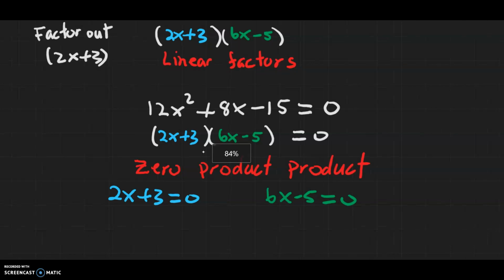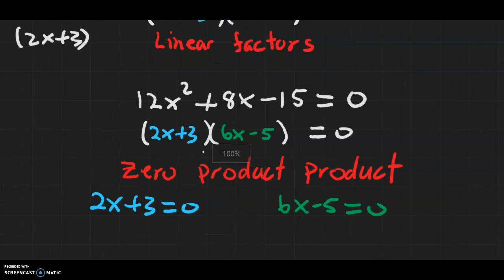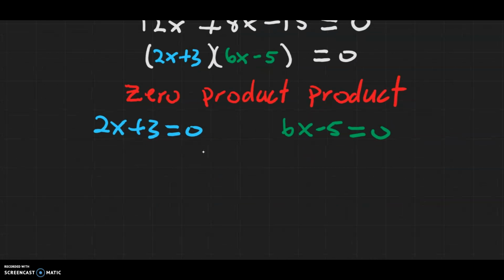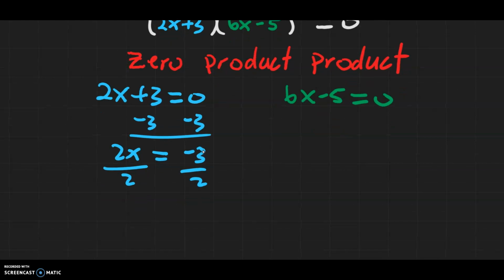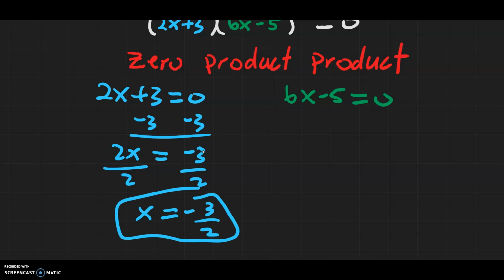So we'll go ahead and do that. In solving for x, I would subtract 3 here. So I have 2x is equal to negative 3. Divide by 2, and x is equal to negative 3 halves. And we just keep it like that for now.